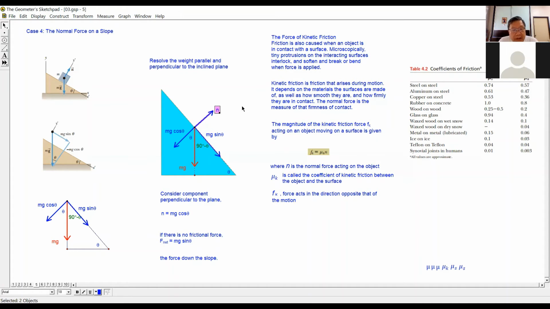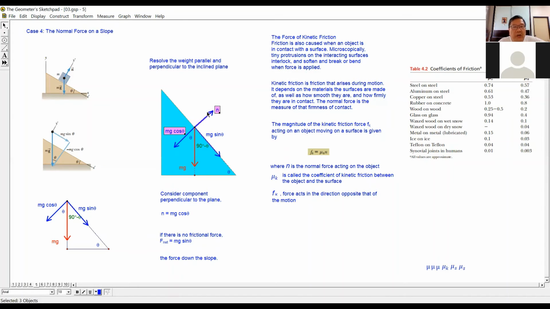Now, if we look at the forces here, this N and this mg cos theta, they are along the same line. So therefore, I say that the normal reaction is equal to mg cos theta, right?